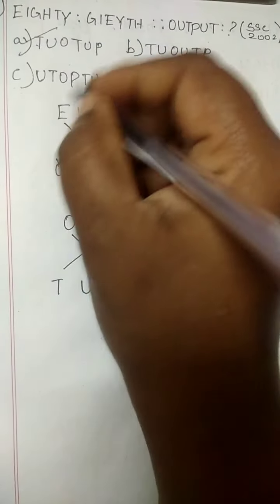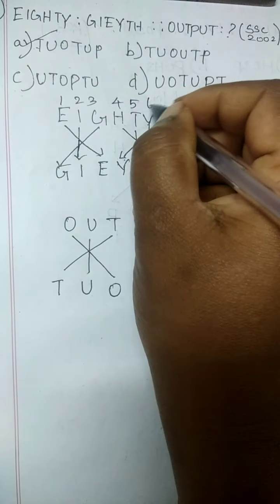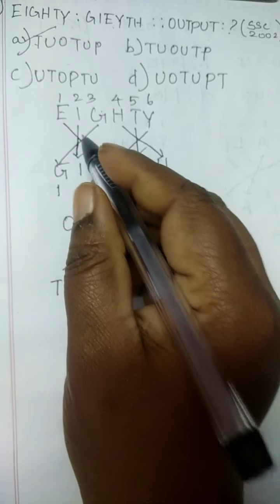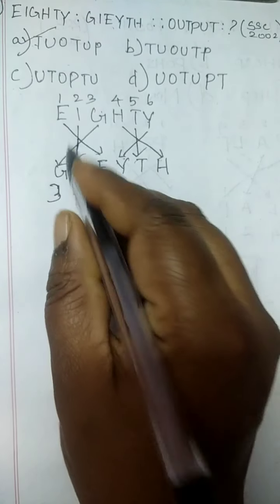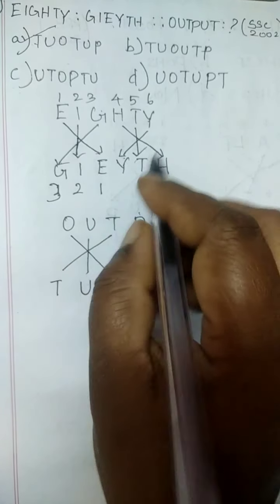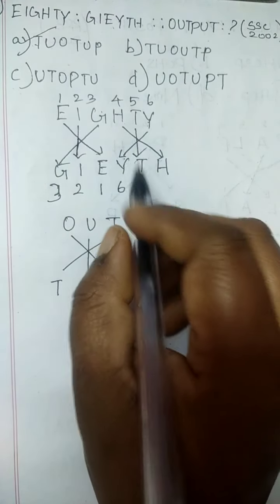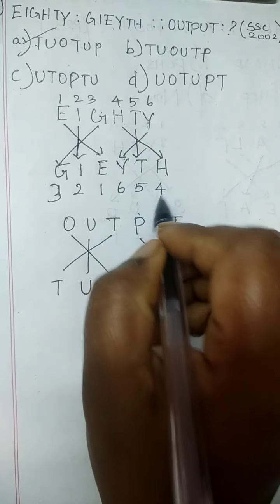Or you can number it: 1, 2, 3, 4, 5, 6. The third one comes to the first place. The second retains its place. And the first one goes to the third place. So 3, 2, 1. The sixth one is here, 5 in the same place, and 4 in the last place.